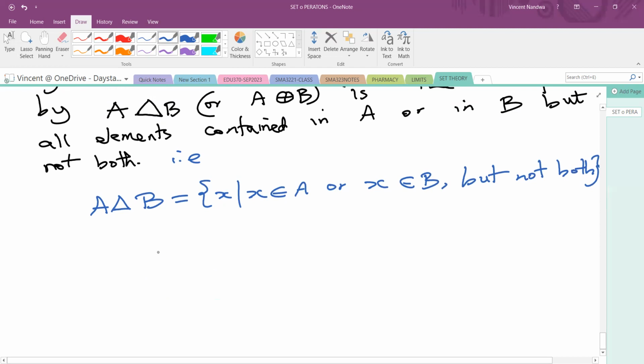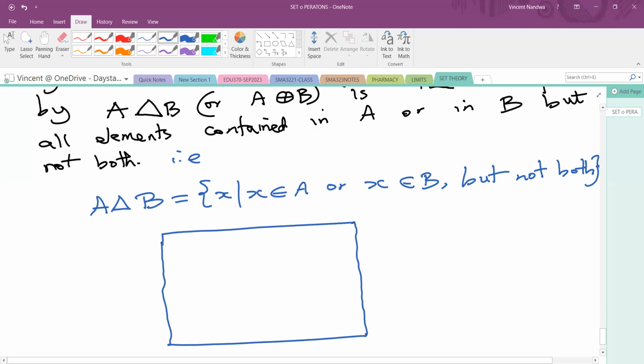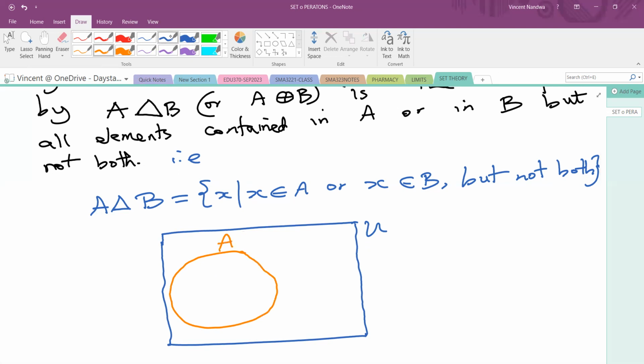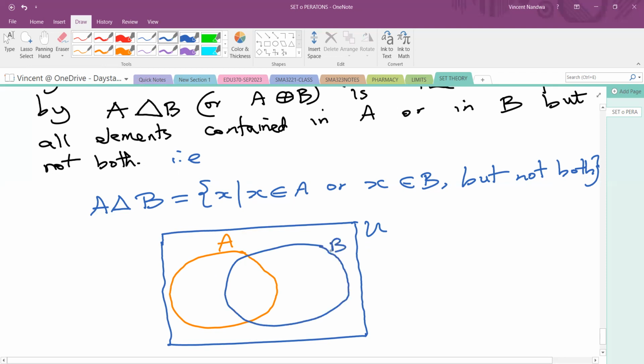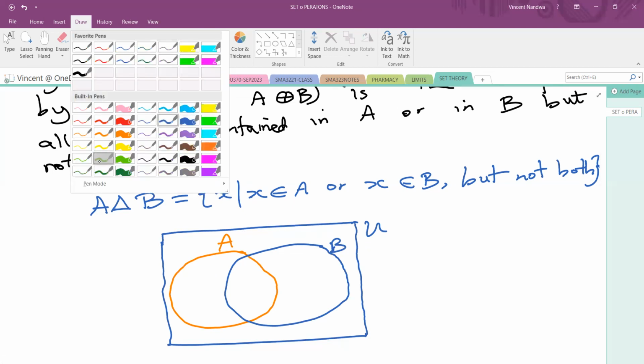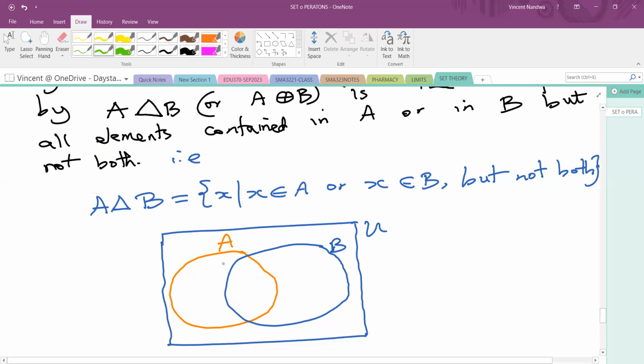So in a Venn diagram, if this is set A and this is set B, then A is this circle.